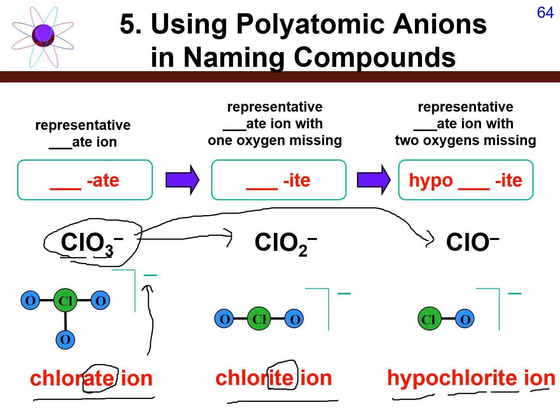All right, so the representative ion that you'll memorize for chlorate is chlorate with the ate suffix, and it has 3 oxygens. If you now see ClO-, the charge doesn't change, but it only has 1 oxygen, you know that's not chlorate anymore. It's lost 2 oxygens, and it's going to be hypochlorite, for example.